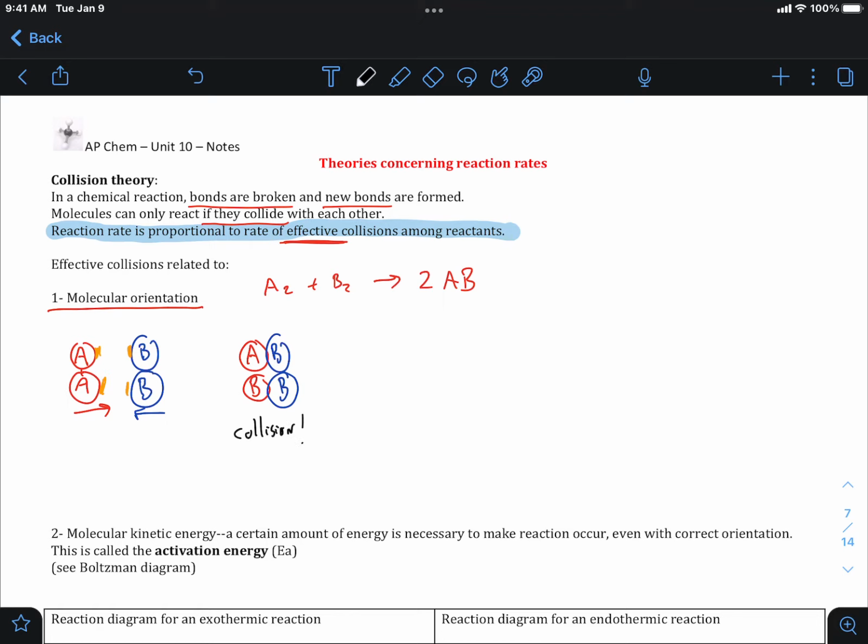At this point, the old bonds are broken, but we also get new bonds forming.